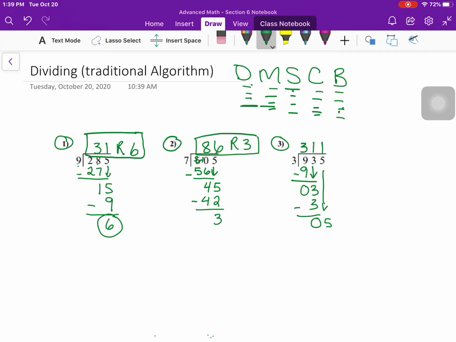It goes in there 1 time. Then we multiply. 1 times 3 is 3. We subtract 5 minus 3 and get 2. We check to make sure 2 is smaller than 3. And we bring down, but there's nothing more to bring down. So my remainder is 2. And that's how I'll write my answer.